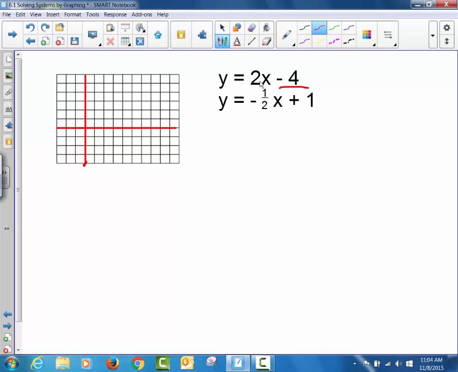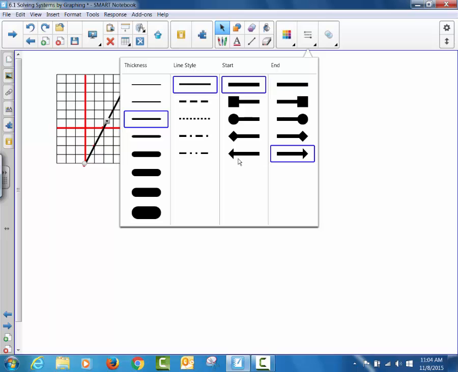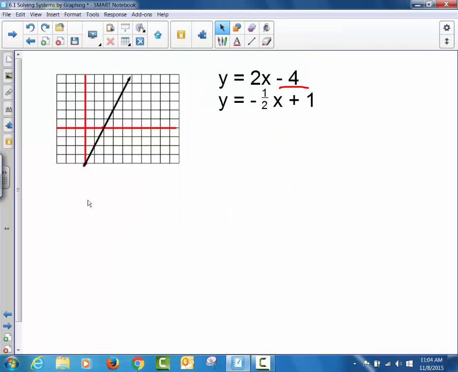And then it goes up 2 and over 1, up 2 and over 1, up 2 and over 1, up 2 and over 1, and we draw our line. Let me get a line drawer right here, and we draw that line. And you always need to put the arrows on the ends, because these are lines and not line segments.